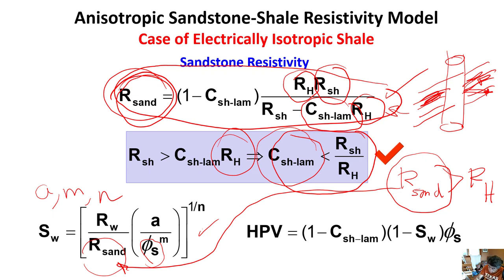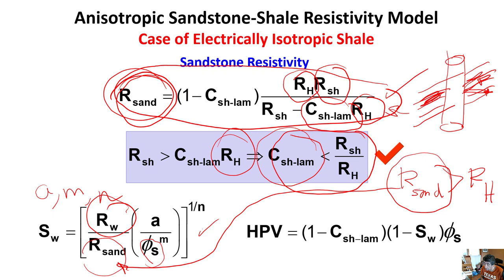Now, what about RW? Well, to calculate RW, what happens is that I have to apply the same set of equations, the same procedure that I just did, the parallel circuit, everything else, in a water-saturated sandstone. If I have a clean sandstone, no shale, then I don't have to make the corrections for shale, and I don't have to use the parallel circuit.